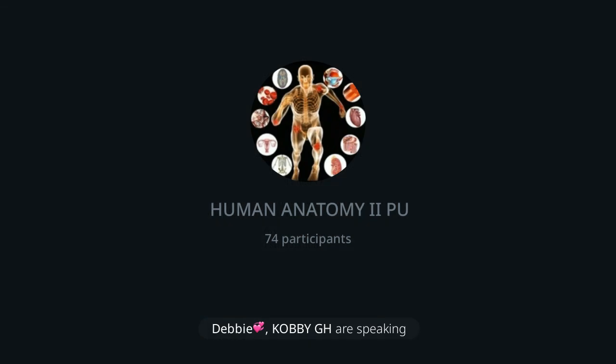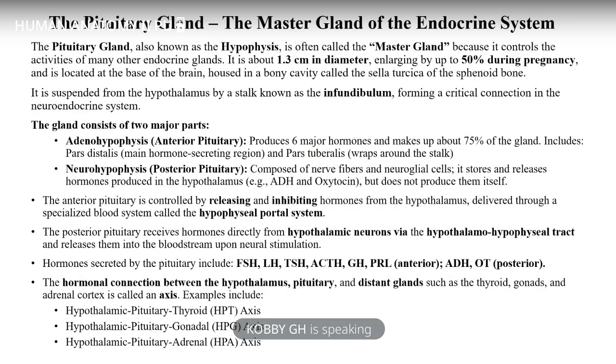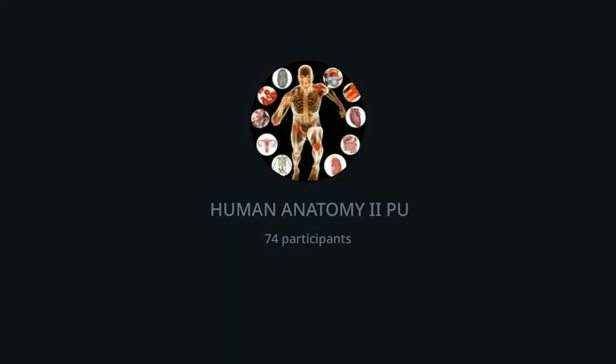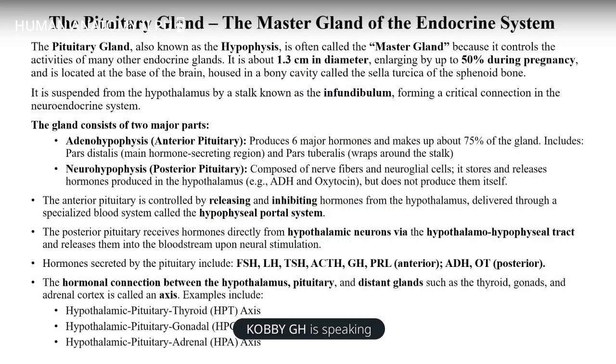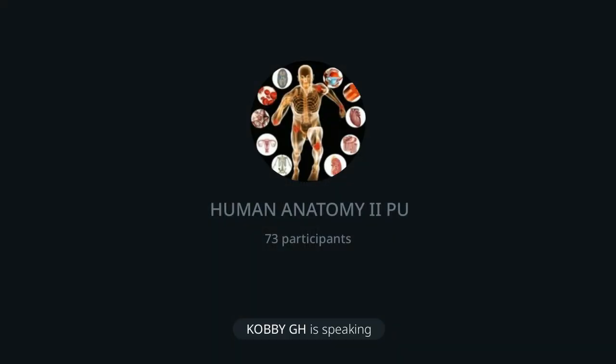Then we have, which of the cells in the pituitary produce the thyroid stimulating hormone? Thyrotrophs. The thyrotrophs.